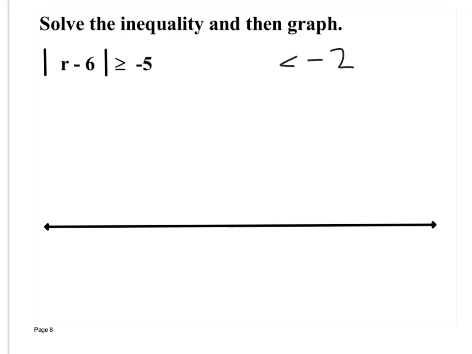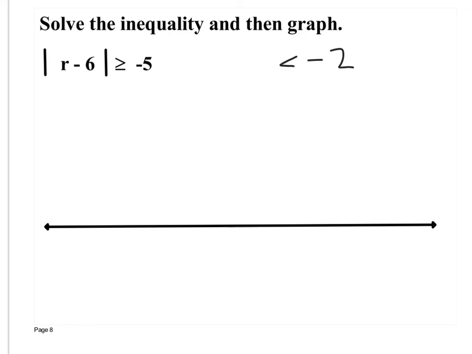Remember that? It was like the absolute value of x minus something is less than negative 2. Well, can absolute value ever be a negative number? Less than negative 2 is only going to be negative numbers, right? Because negative 3 and negative 4 and negative 10, they're all less than negative 2. So that's why it was an empty set, because it was always going to be a negative number, and you can't have a negative number.